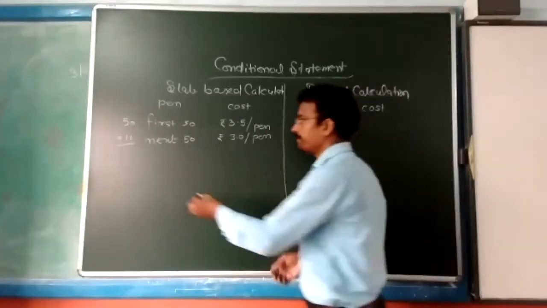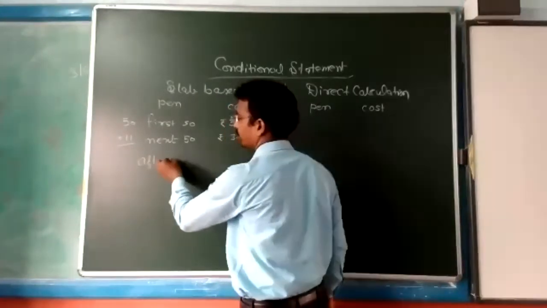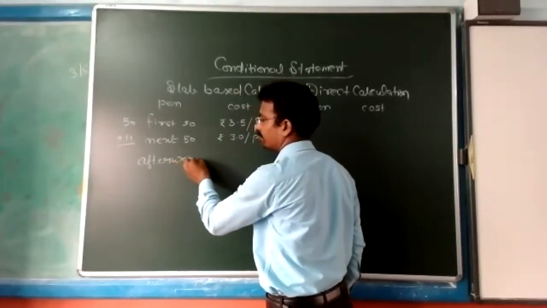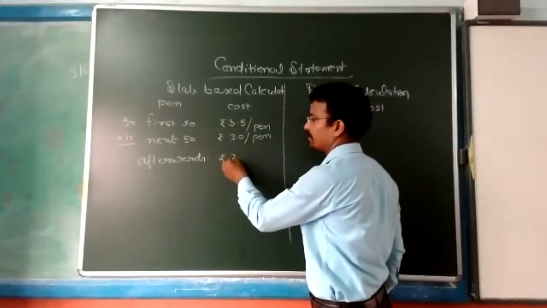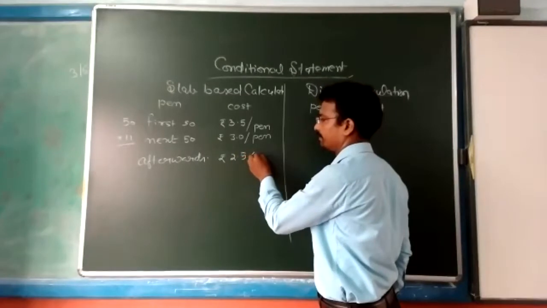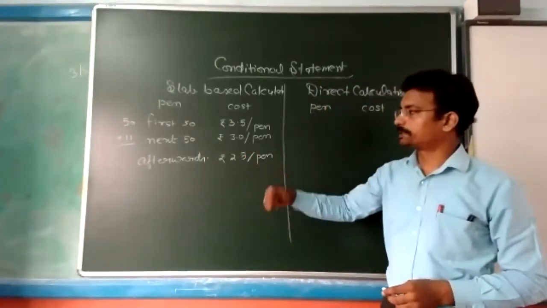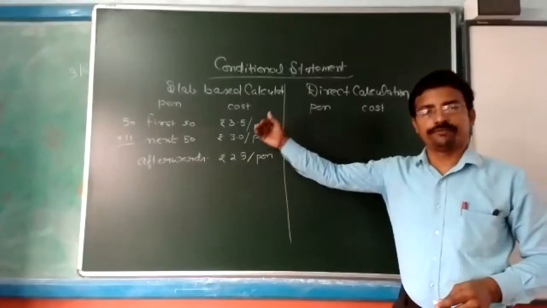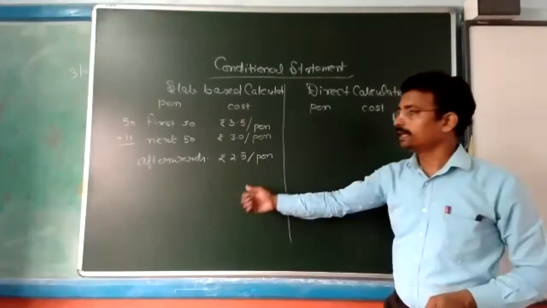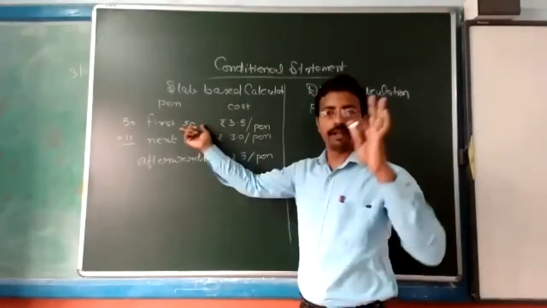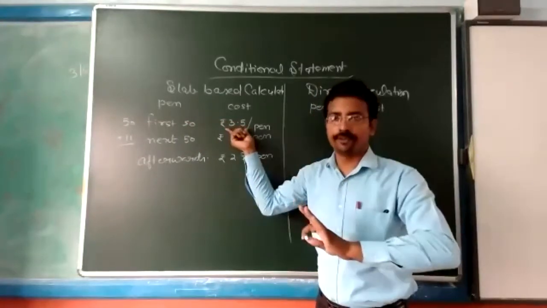Next it says afterwards 2 rupees 50 paise per pen. Means you have gone to purchase pens and the shopkeeper is giving you a facility with a criteria in your purchasing. If you purchase up to 50 pens, you will pay 3 rupees 50 paise per pen.